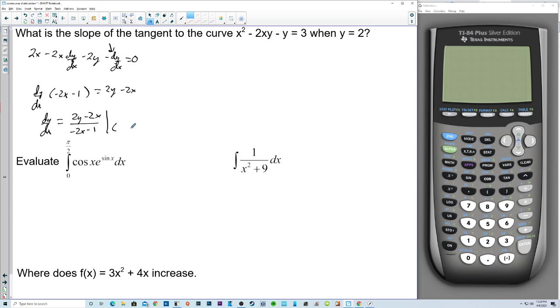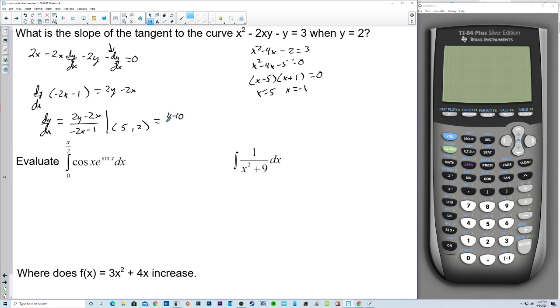Now we're going to evaluate that when y is 2, but we need to know the x. Let's plug 2 in for y over here. We get x squared minus 4x minus 2 is equal to 3. So x squared minus 4x minus 5 is equal to 0. X minus 5, x plus 1 is 0. So 5 and negative 1. So how about 5, 2?